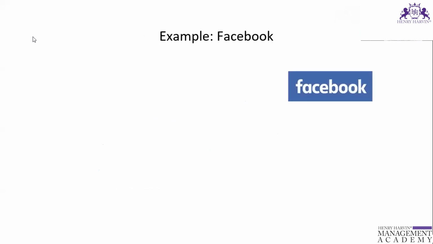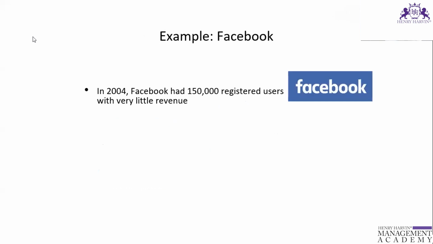Let us take an example of Facebook. How did Facebook actually use the value hypothesis and growth hypothesis in the initial stages? Facebook was created by Mark Zuckerberg while he was studying at Harvard University. Initially this was set up to connect friends inside the university itself.